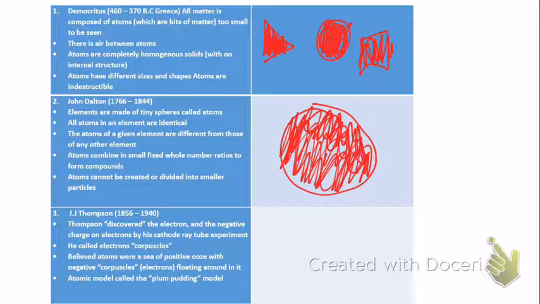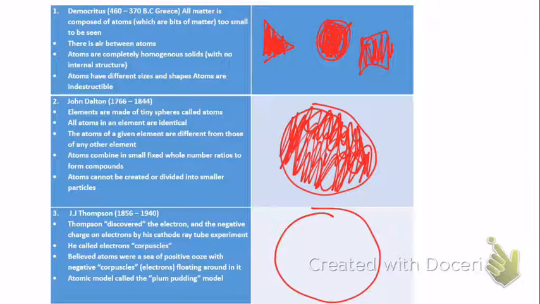And then we looked at J.J. Thomson's experiment and his discovery of the electron, which resulted in a brand new model called the plum pudding model. And in Thomson's plum pudding model, the atom is still spherical.